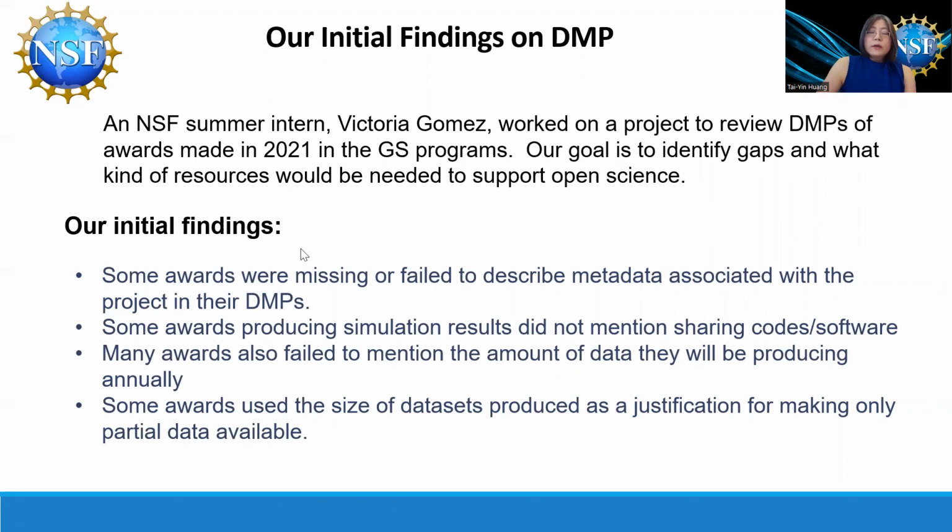Our initial findings were that some awards were missing or failed to describe metadata associated with the projects in their data management plans. Some awards produce simulation results but did not mention sharing codes or software. Many awards also failed to mention the amount of data they will be producing annually. And some awards use the size of data sets produced as a justification for making only partial data available. Of course, that would not be a valid justification, just so you know.